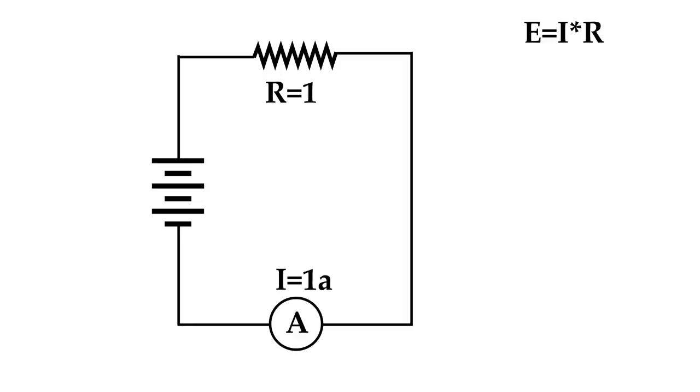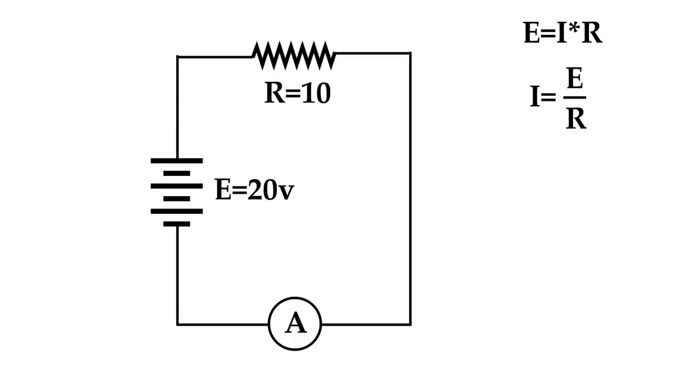And I'm using small letters there just to save room. And if we use E equals I times R, we end up with this. E equals 1 amp times 1 ohm equals 1 volt.